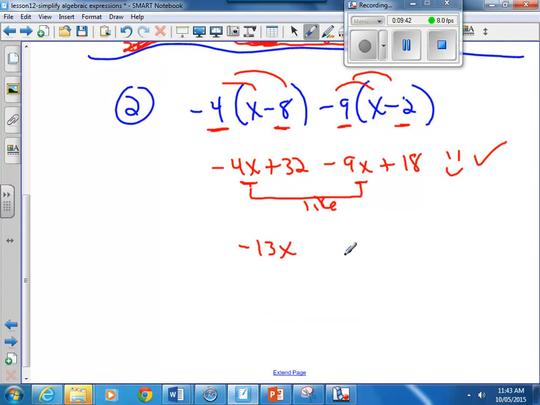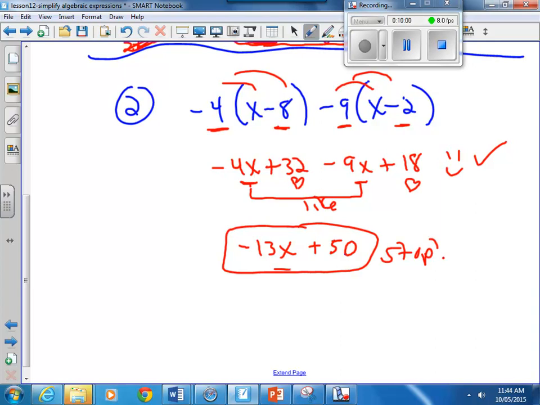And then, 32 goes with 18 to become 50. Right. So you combine the like terms there, and when you arrive here, you must stop. Why? Because we're not solving an equation, we're just combining like terms. So we combine the like terms, and voila.